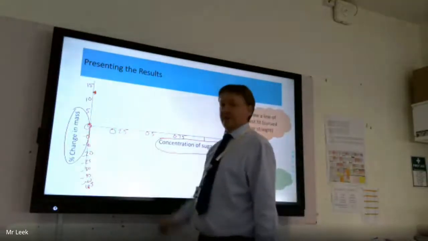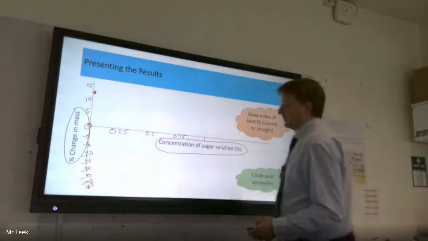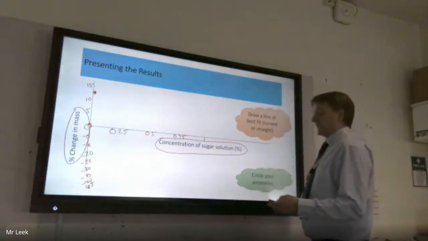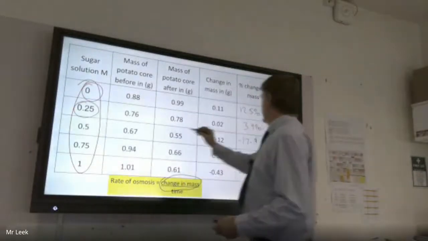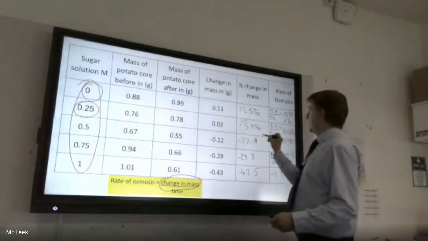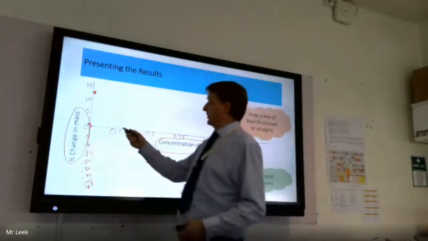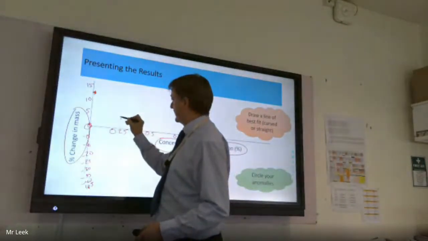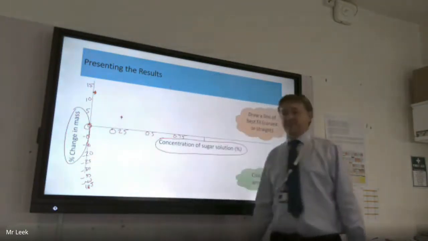Then I'll just give the next one as an example, and then you're going to have time to draw this yourself, which is 0.25. So I'll go back to the table. 0.25 goes up for 3.9%. So on your graph, 0.5 goes up approximately 4%. Your graph will be better than this, okay, which then goes to there.